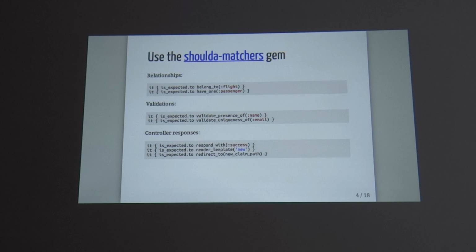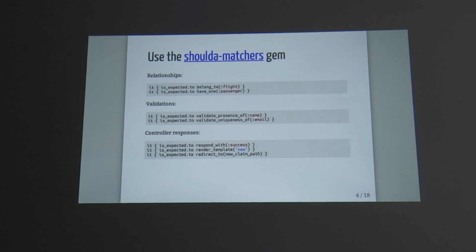I also recommend using the shoulda-matchers gem. It provides you with a couple of classes of matchers that lets you write more concise specs. So for relationships, you could write it is expected to belong to flight, right? So for example, it could be a spec for the claim model.